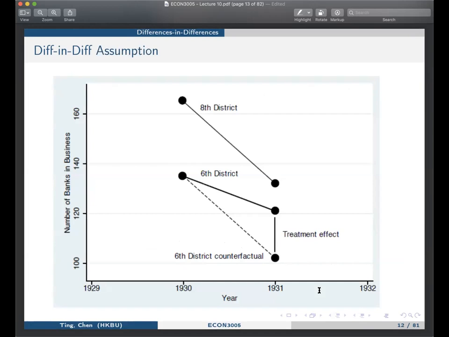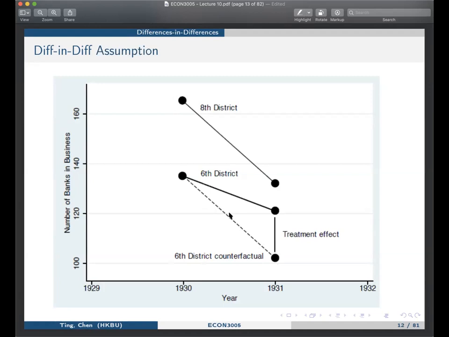So you can see, again, this diff in diff calculation actually relies on an assumption, the parallel time trends assumption. The counterfactual outcome for the treatment group, the growth rate of this line between the counterfactual outcome and the pre-treatment outcome, should have the same slope as the line of the control group, because these 2 lines should be parallel.